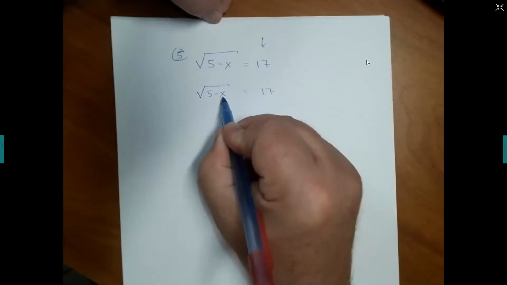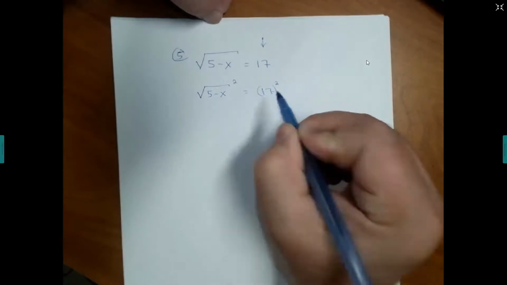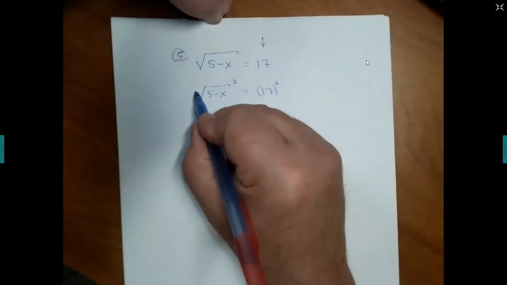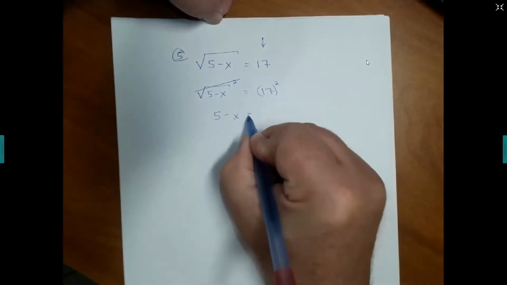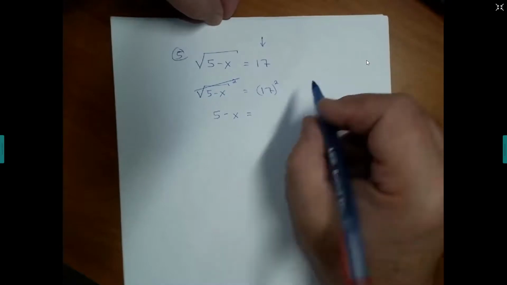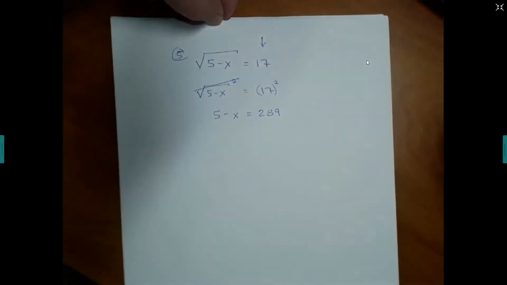So to get to the x, we have to square both sides. We have to get rid of the square root. Those cancel. We have 5 minus x equals 17 times 17, which is 289.